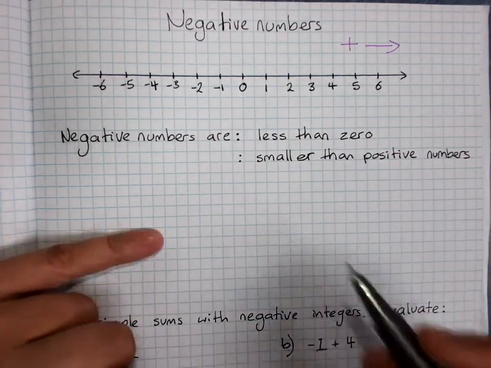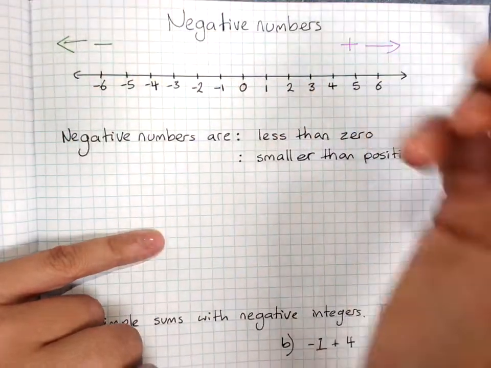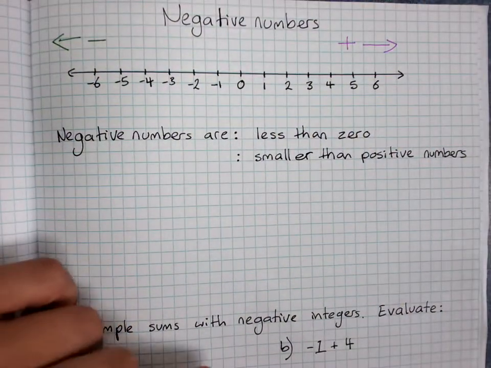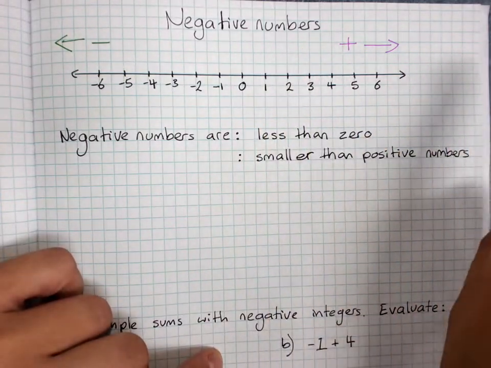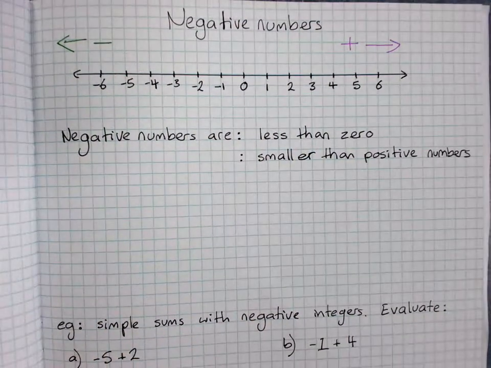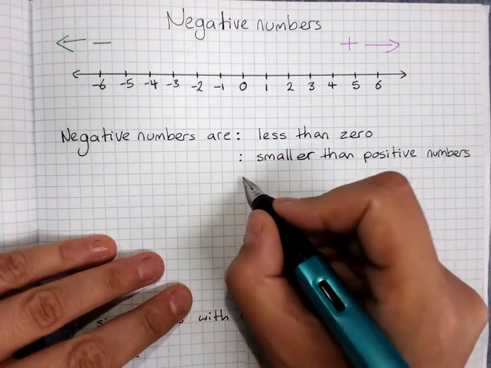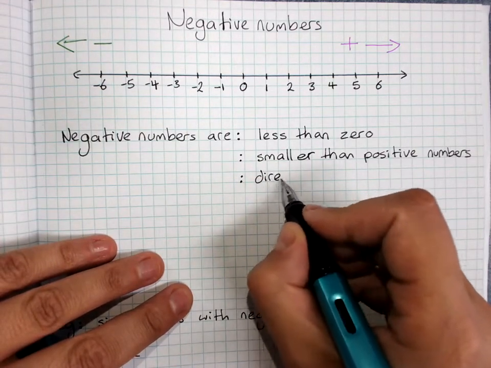When it's a decrease, we move towards the negative side. So remembering the direction of positive to the right on the number line and negative to the left is really useful. And that's why we often call positive and negative numbers directed numbers.